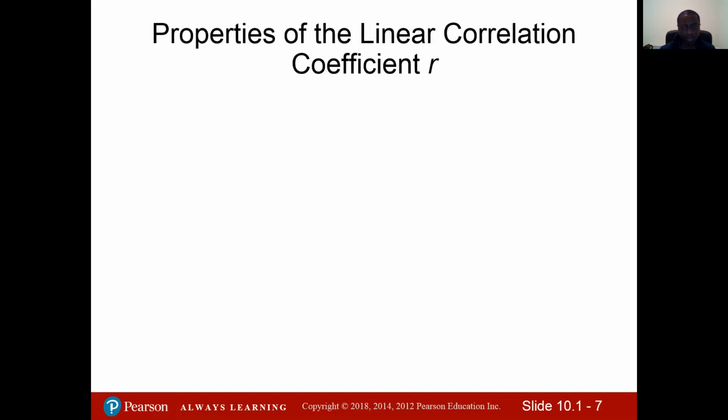Now, what are the properties of the linear correlation coefficient?